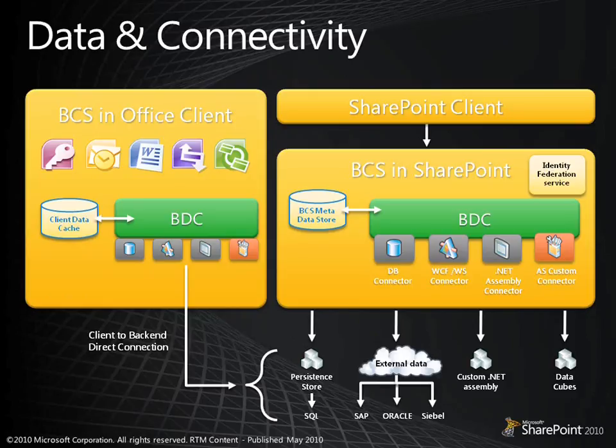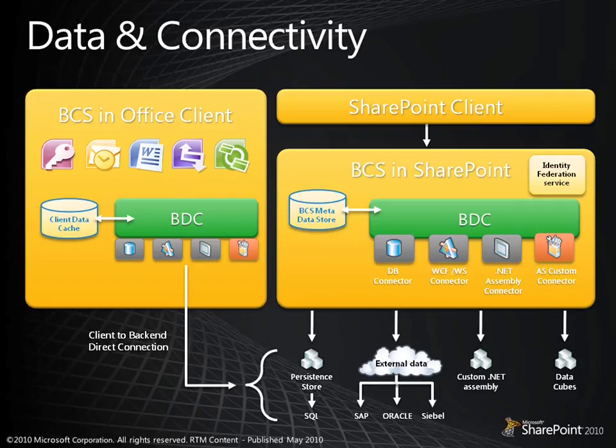Let's take a look at some of these components. Starting at the upper right-hand part of this slide, we have the SharePoint client, which calls into BCS requesting external data. The BDC runtime takes this request and looks up the connection information necessary to connect to and return the requested data from any number of back-end systems.